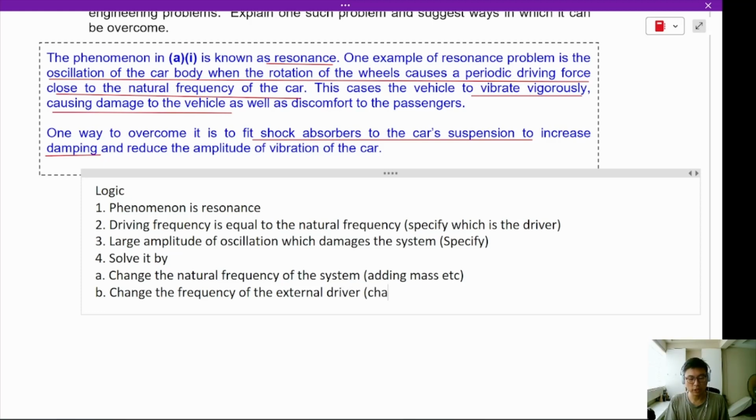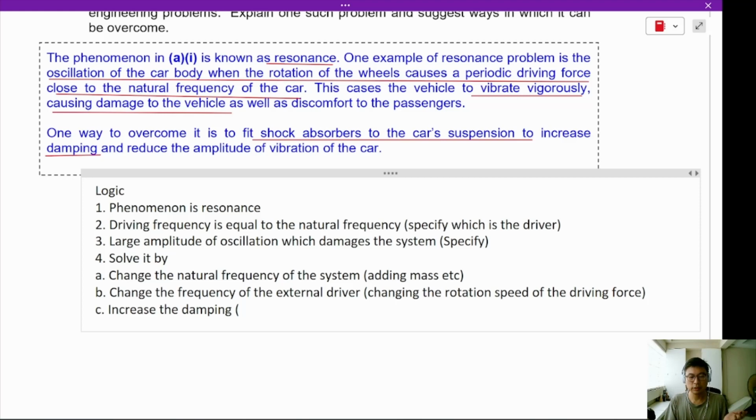For example, by changing the rotation speed of the driver. Okay, driver frequency, driving force. Okay, and the third thing that we can do to prevent destructive oscillation is to increase the damping.